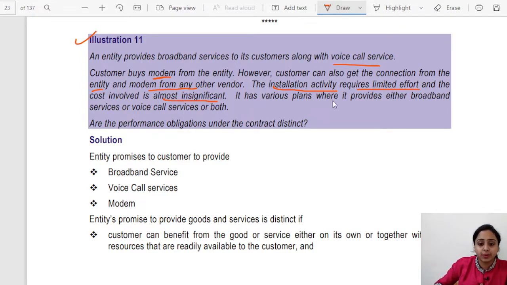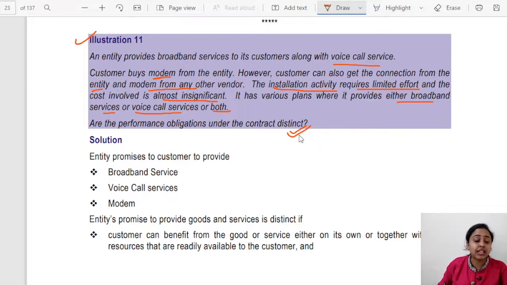It has various plans where it provides either broadband service or voice call service or both. Are the performance obligations under the contract distinct? Yes, they are distinct. The broadband service is separate, the voice call service is separate, and the modem purchase is also separate because it can be purchased from any other vendor as well. Are you clear? So these are distinct.